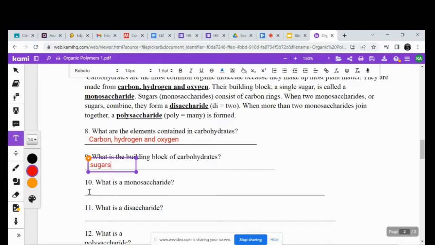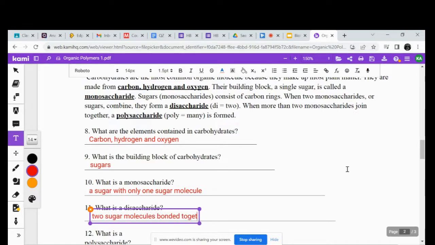What is a monosaccharide? It's a sugar with only one sugar molecule, a single sugar molecule, like glucose would be an example of a monosaccharide. A disaccharide, di means two, so that would be two sugar molecules bonded together.